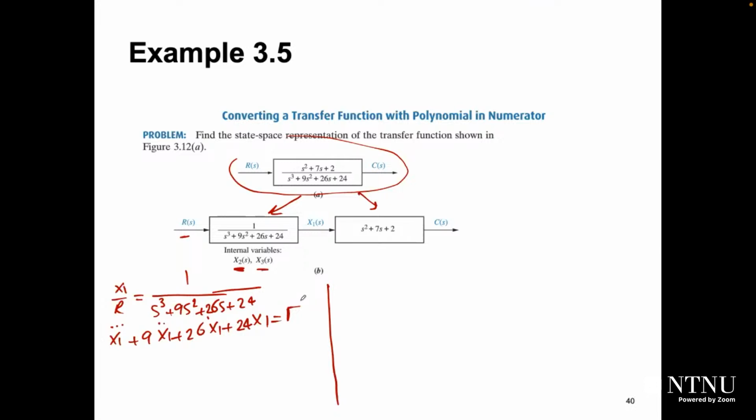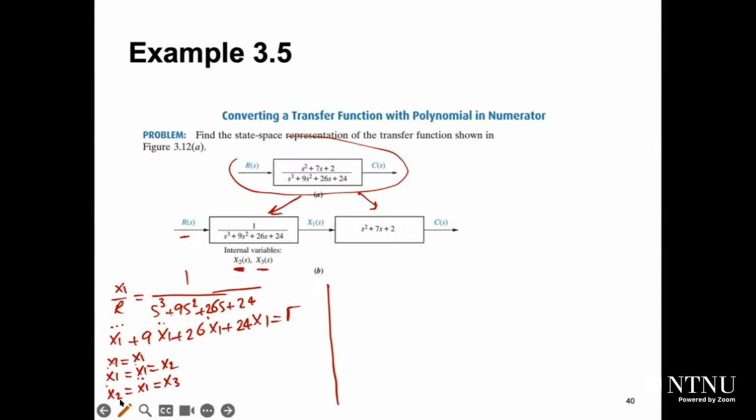So just try to find some states. So we can say that okay, my states will be x1 will be x1, right? Differentiate, x1 dot equals x2. x2 dot, differentiate, it will be x1 double dot equals x3.